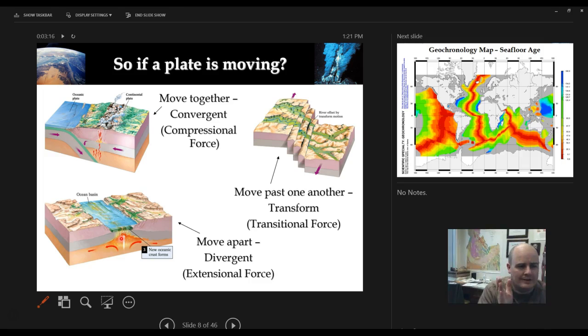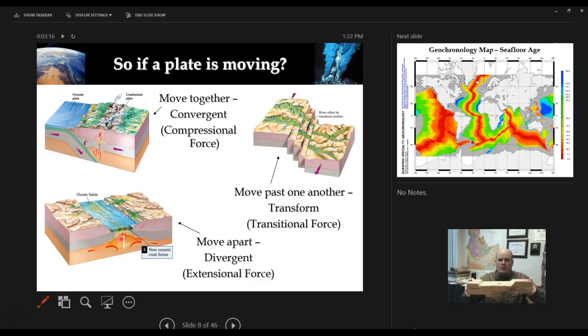At a convergent boundary, there's compressional force, where you're pushing together. Divergent is extensional force, where you're extending things apart. And transform is a transitional force where you're sliding past one another. I have an example of this. These are some blocks that I cut out. Let me see if I can move back and show it to you better. If I push together, it's compressing.